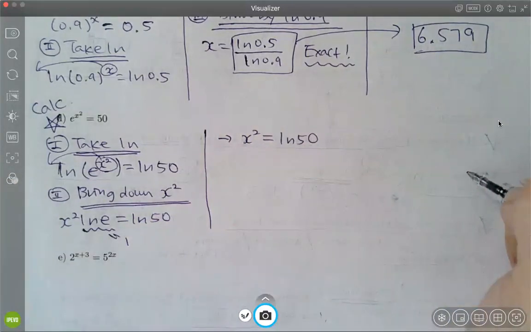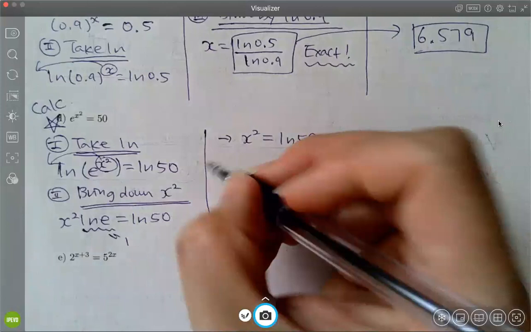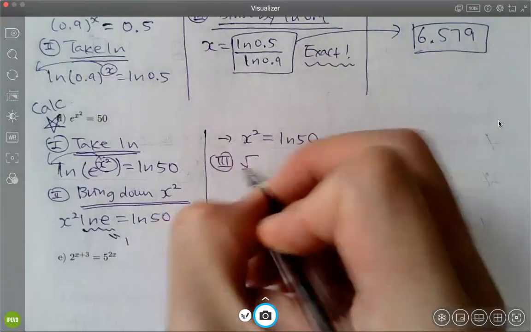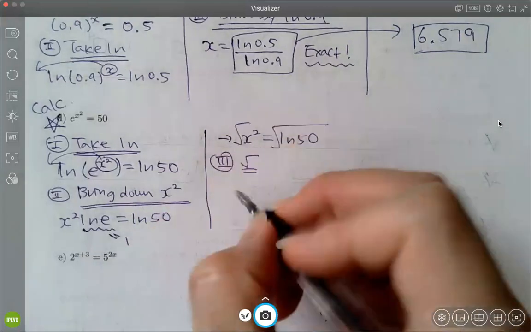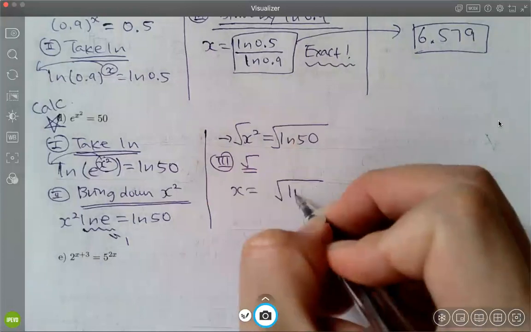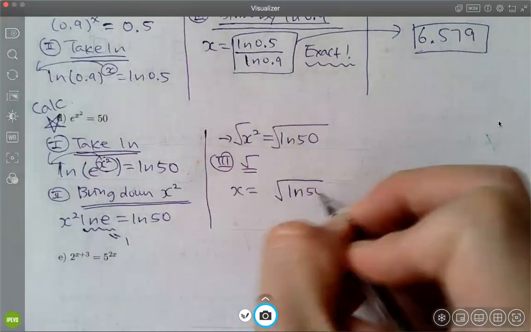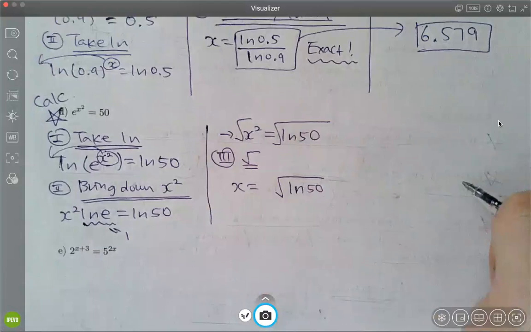You take the square root, right? So x is equal to square root of ln 50, right? Are we forgetting something?